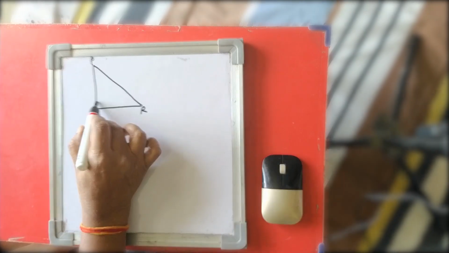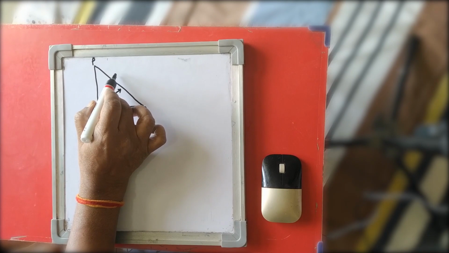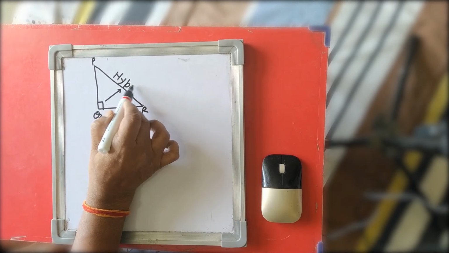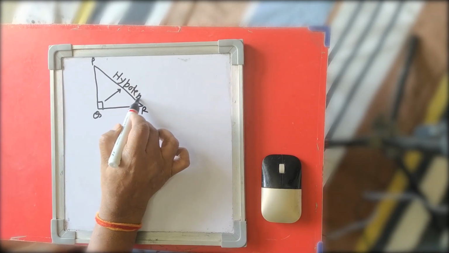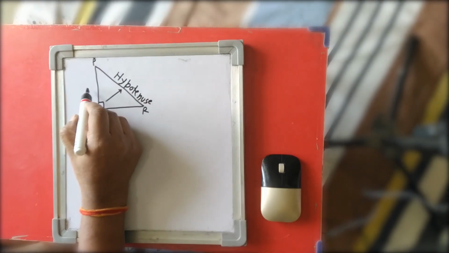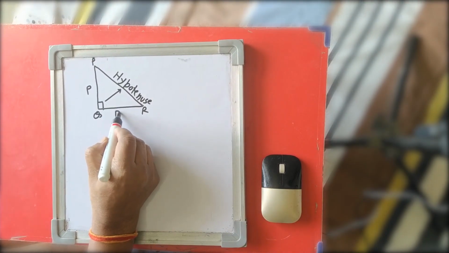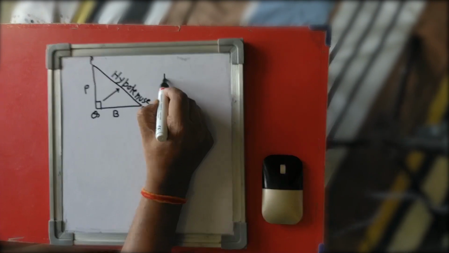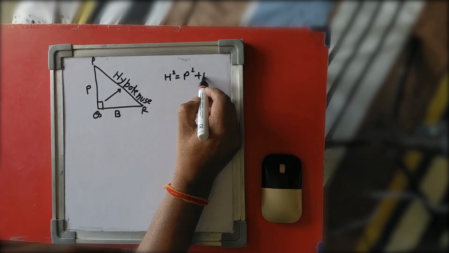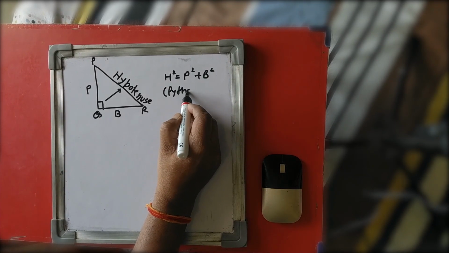In a right angle triangle, the side opposite to the right angle is always the largest side and is called the hypotenuse. We also know that apart from hypotenuse, the two other sides of the right angle triangle are perpendicular and base, and they are related to each other as h square is equal to p square plus b square by what is known as Pythagoras theorem.